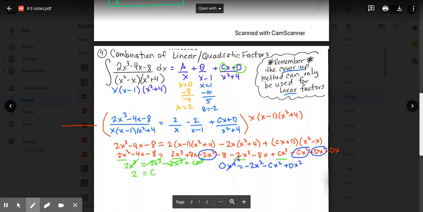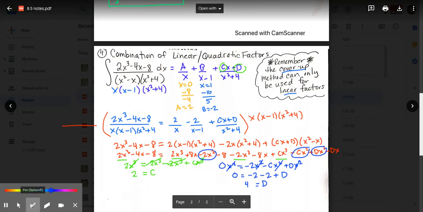Okay, and you could cancel all the x squareds. You know that C is 2 from the previous part. So it looks like D is 4.